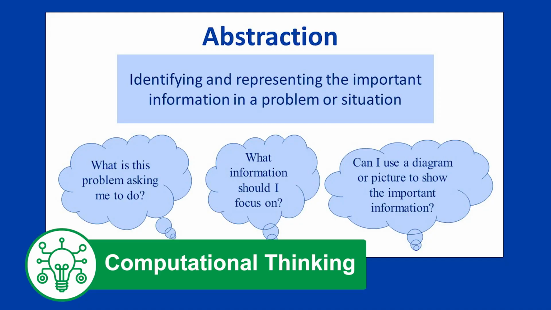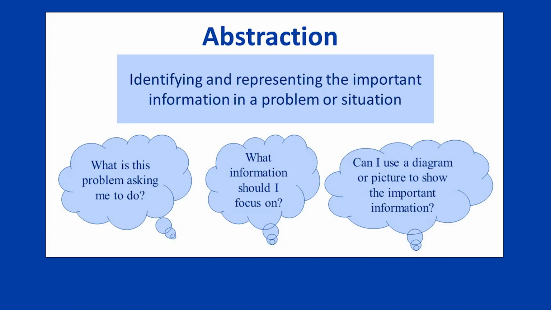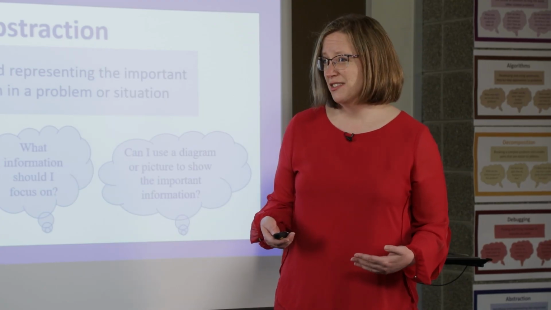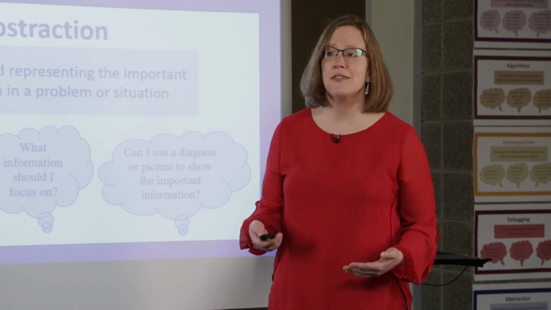So when we're doing abstraction, we're going to be figuring out what's important to know. That's what identifying means. And then we're going to show that information in maybe a picture or a diagram. That's what represent means.